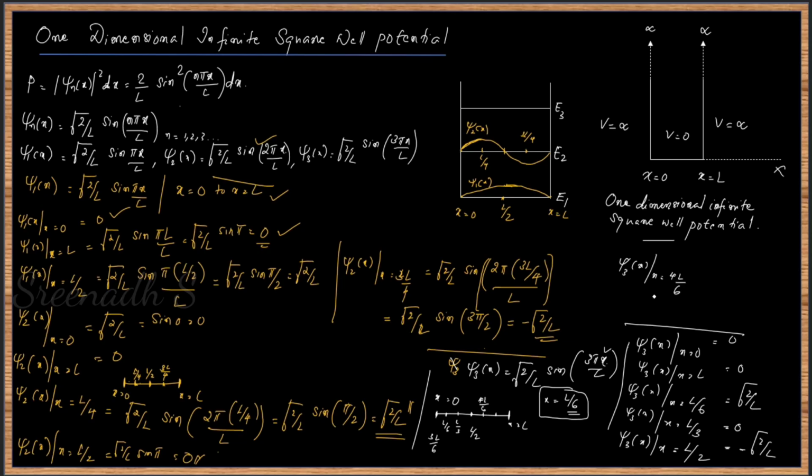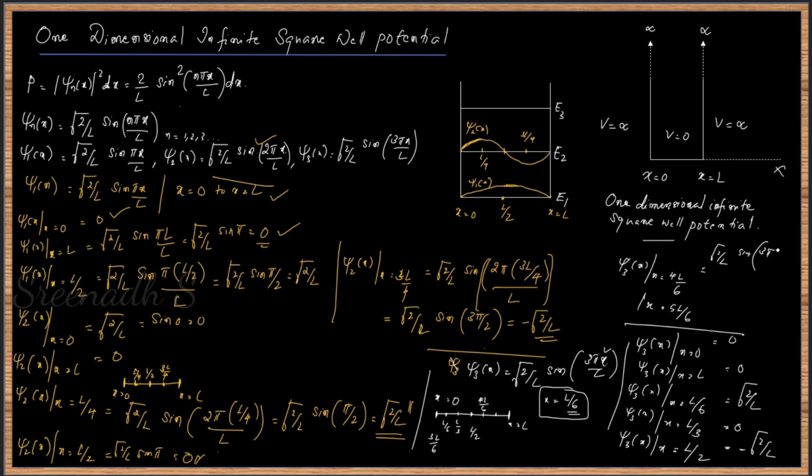For 4L by 6, substitute there: square root of 2 by L sin of 3 pi into 4L by 6.